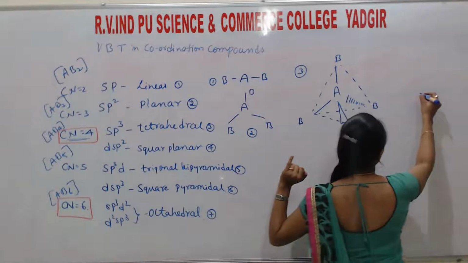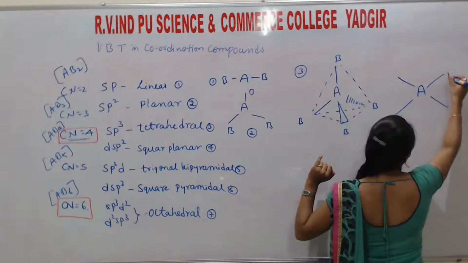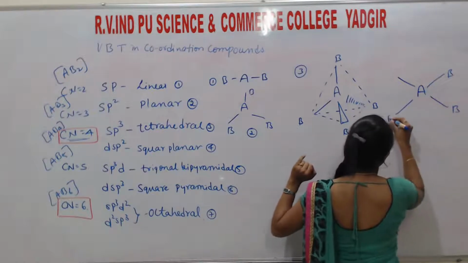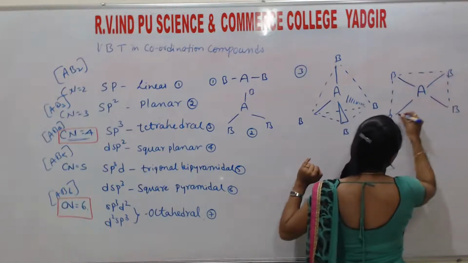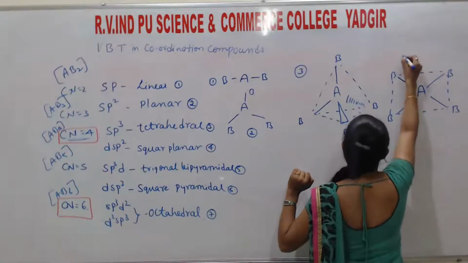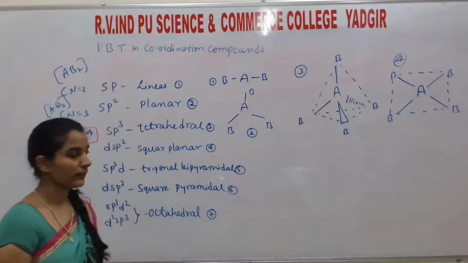Square planar means A with B, B, B, B in the form of a square. This is structure 4.